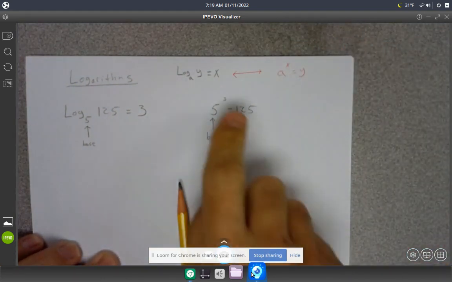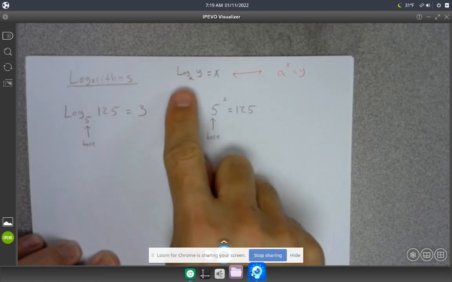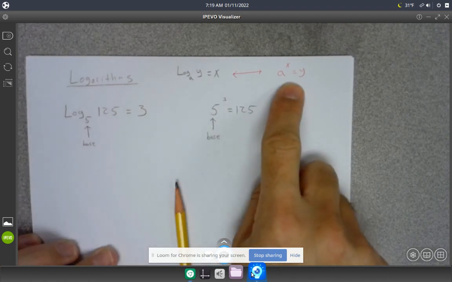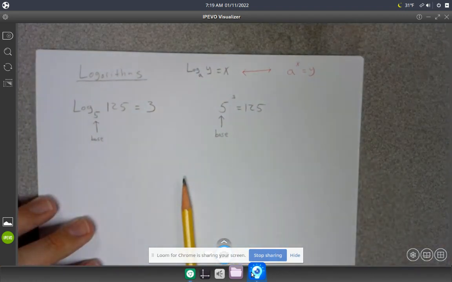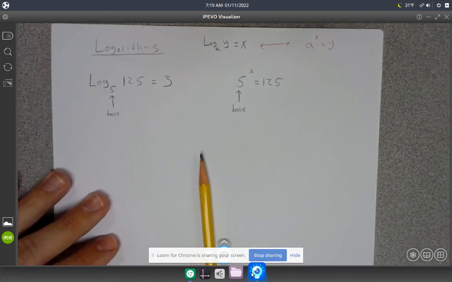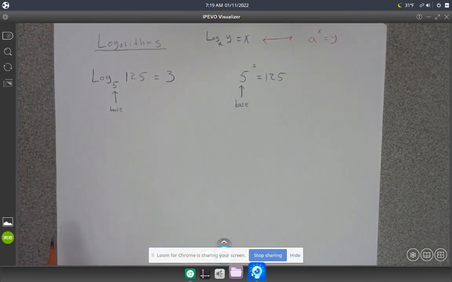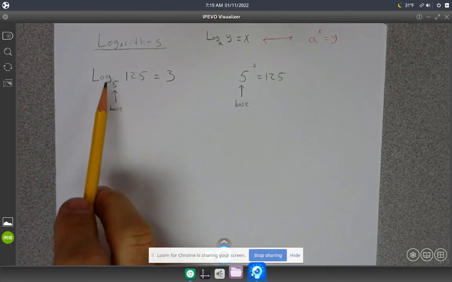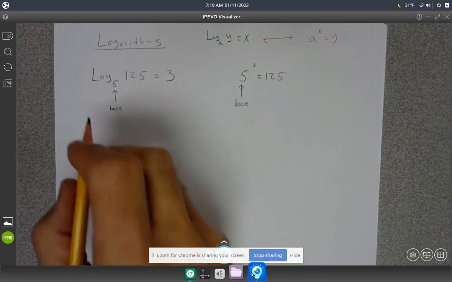You're going to see in a little while that these two things, logarithms and exponentials, are just inverses of each other, just like quadratics and square roots are inverses of each other. Let's go ahead and do some more of these logarithm statements because that's what you're going to be doing, just evaluating statements like this.